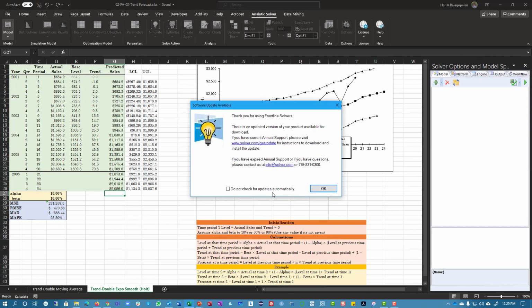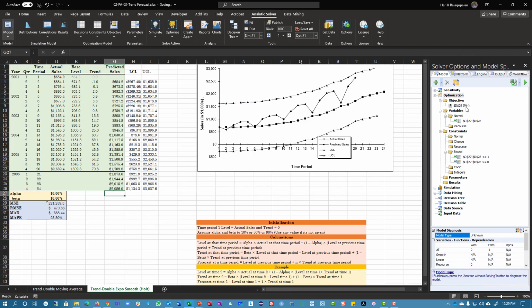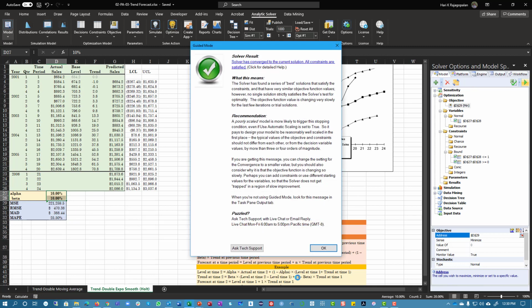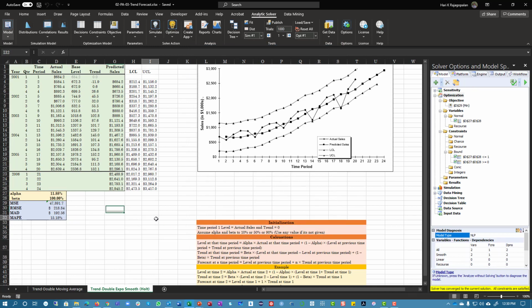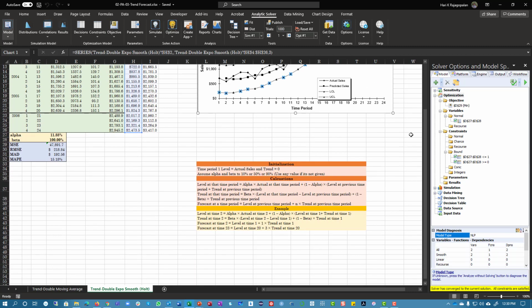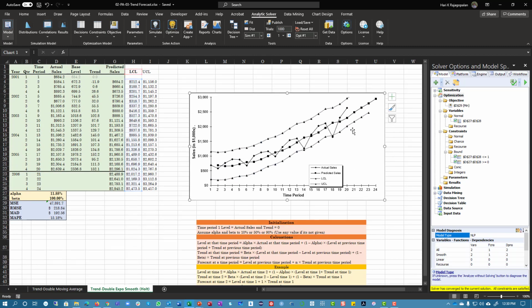All right, and you can go ahead and use the analytical solver. You can minimize your mean squared error using alpha and beta. Make sure they are between 0 and 1. Run it, and you get about 11 to 12% for alpha, and almost 100% for beta. And here is what we have.